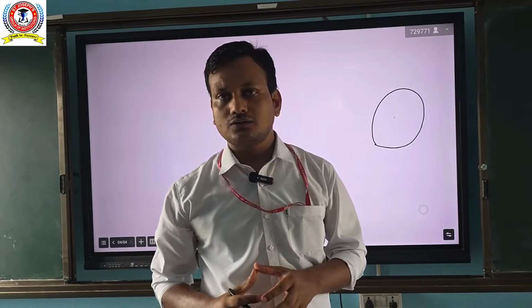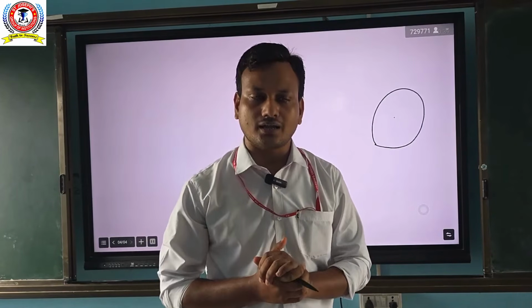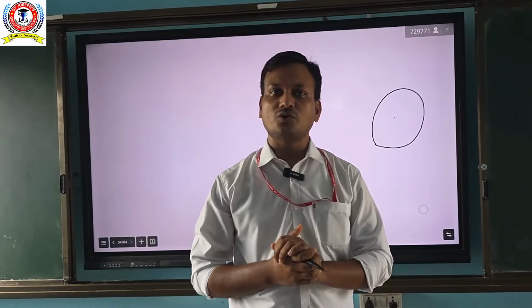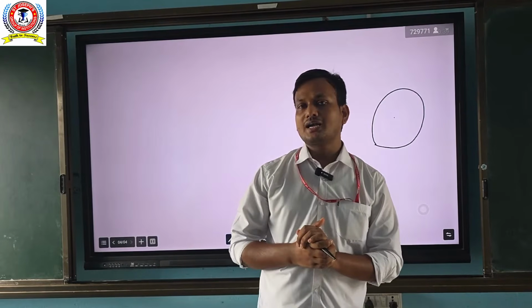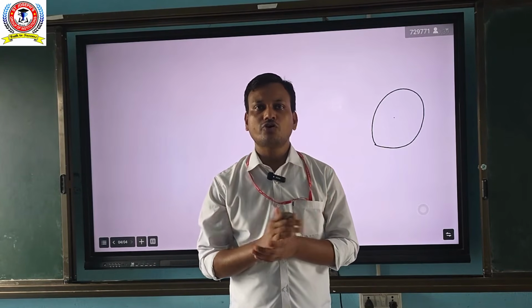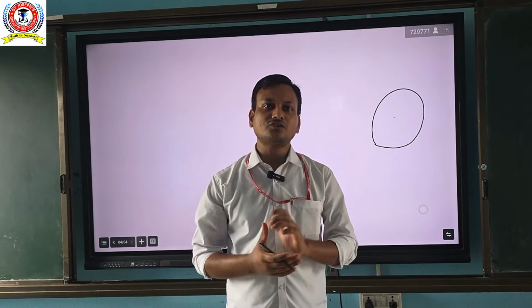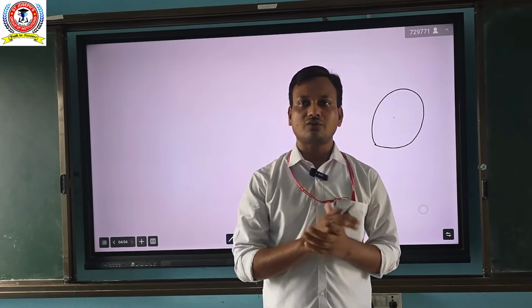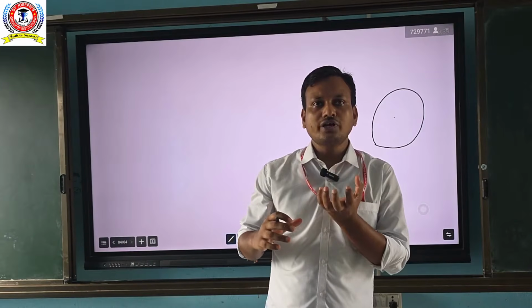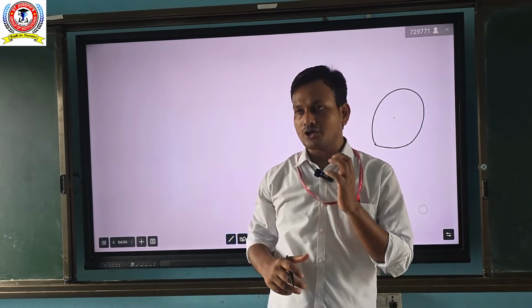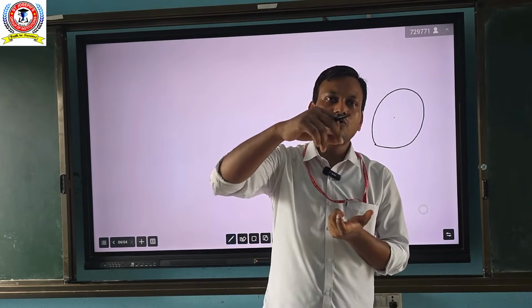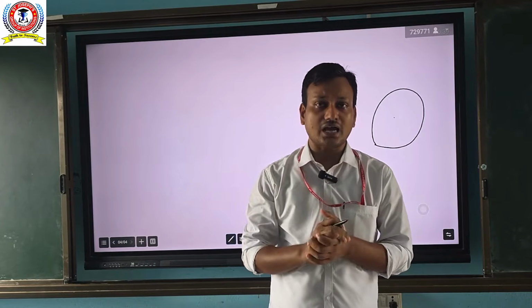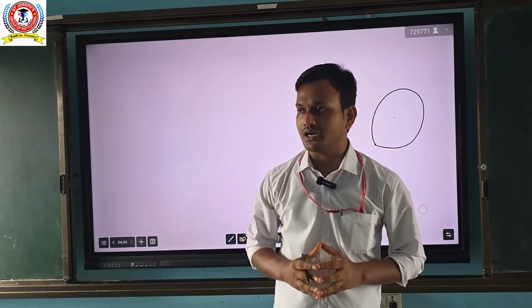We know that the smallest individual particle of an element is known as an atom, and at the center of the atom the nucleus is present, and inside the nucleus proton and neutron are present, and around the nucleus electrons revolve, and this path is known as shell or orbit.